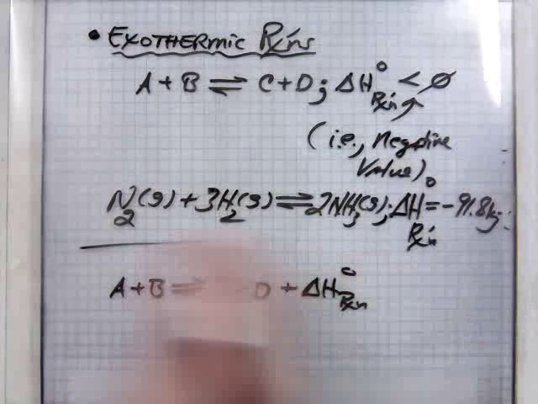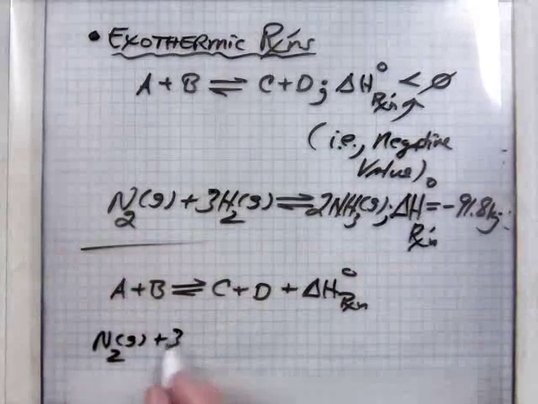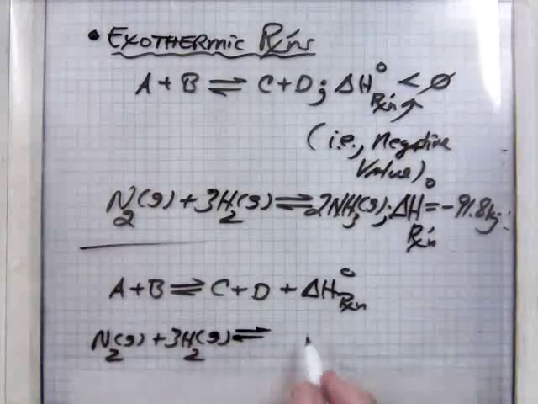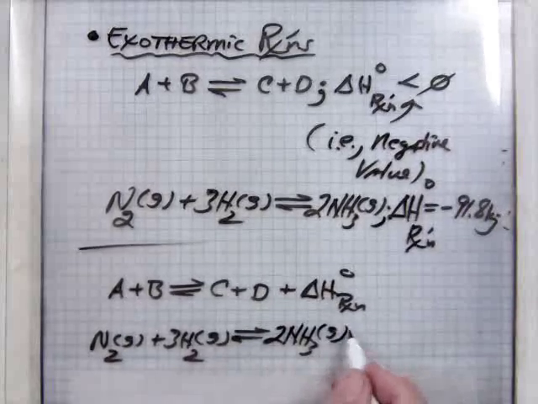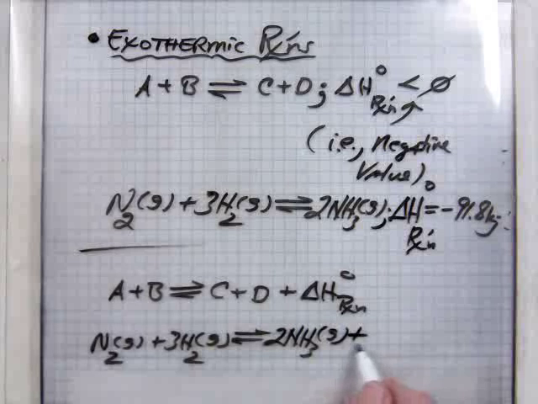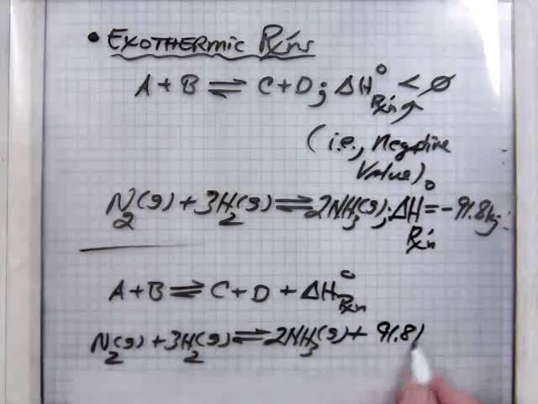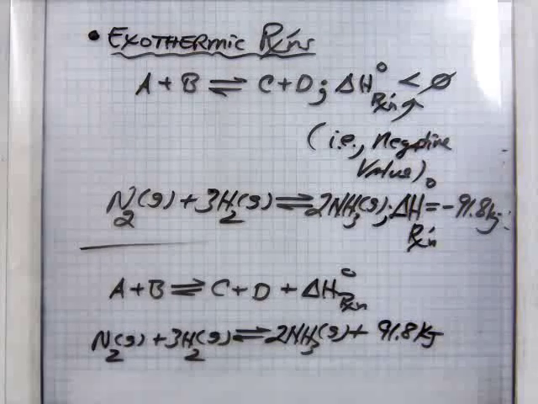Or in the example that I'm given, N2 gas plus 3H2 gas in equilibrium with the ammonia, plus, see, I don't use a negative sign here, plus 91.8 kilojoules. The fact that I put it on the right side is sufficient enough to say this reaction is an exothermic reaction.